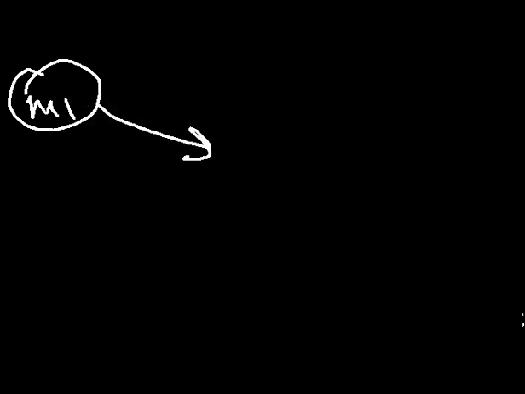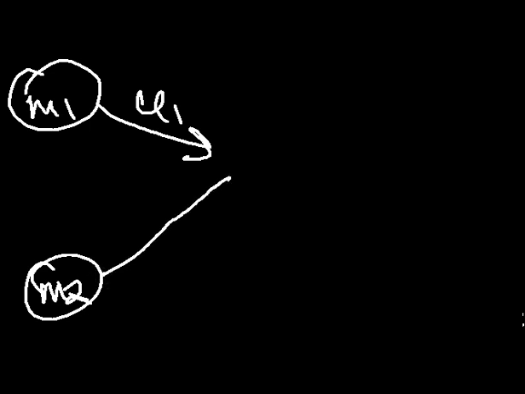Now how about if both objects are moving in two dimensions before the collision, but after collision the objects are moving in one dimension? What would you say? Let's say we have the object of mass 1 moving in this way with the initial velocity u1, and object 2 moving this way with the initial velocity u2.